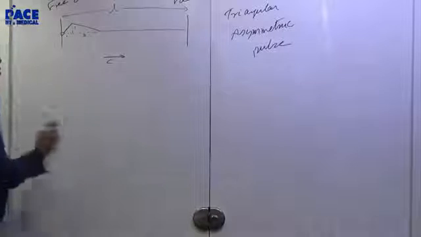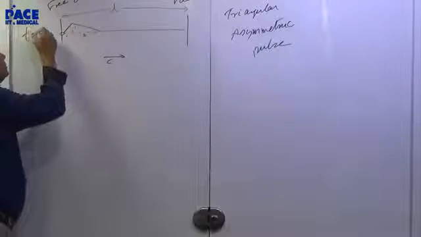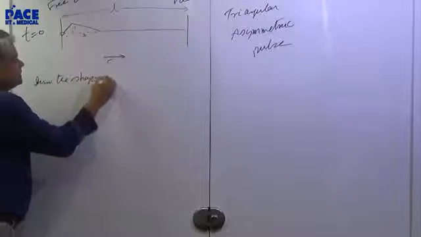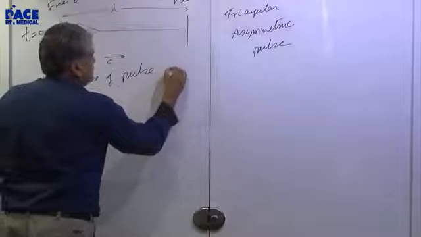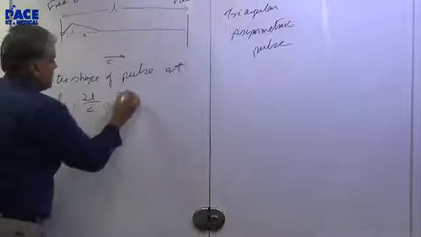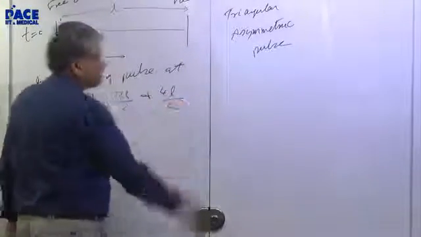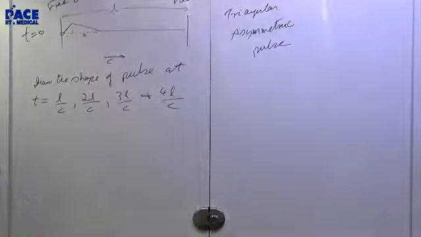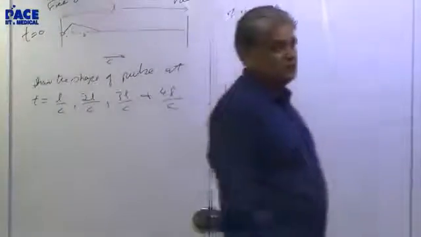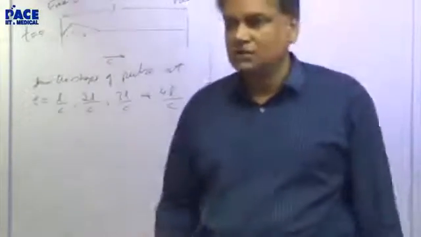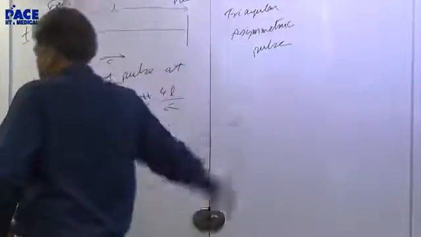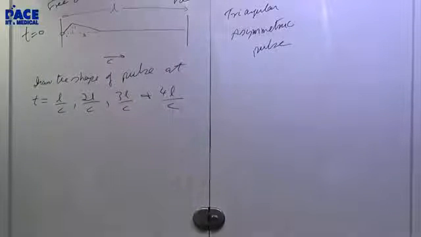So draw this at t equal to 0. You have to sketch the shape of the pulse at t equal to L by C, 2L by C, 3L by C and 4L by C. L by C is the time it will take to cover that length, go to the other side of the wall and then come back, and go back and come back again. This journey to and fro will happen 4 times.